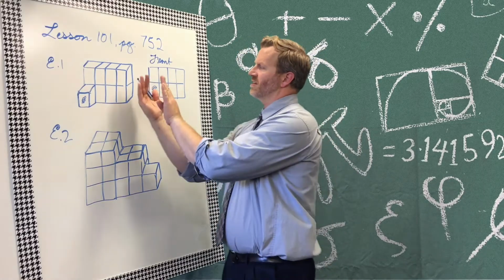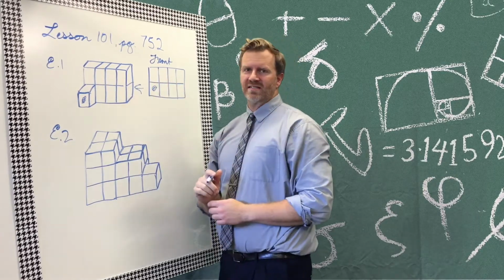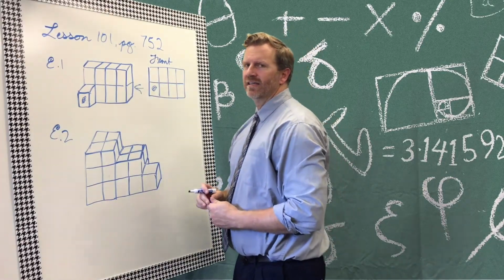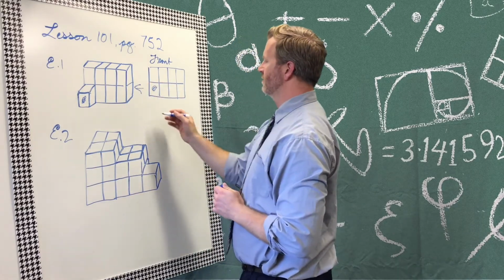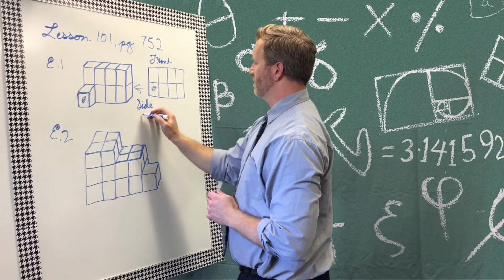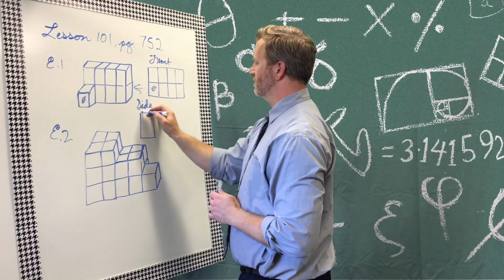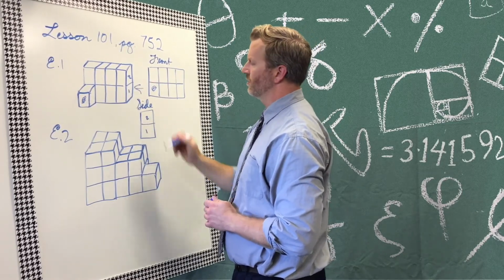Now let's say we turn it sideways, and we're looking this direction at that side. Let's see, Cassidy, help me out. If we're looking at it from this direction, our side view is going to be 2 tall, right? Because we got 1, 2. So here's 1 and 2. But check it out.